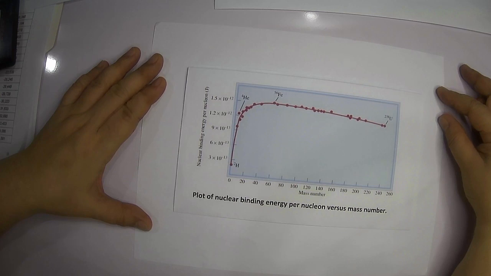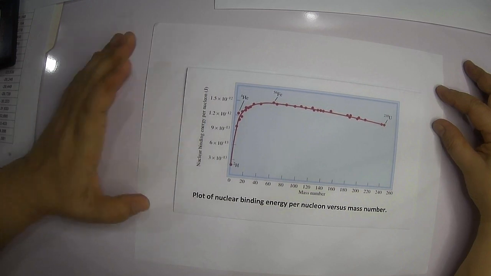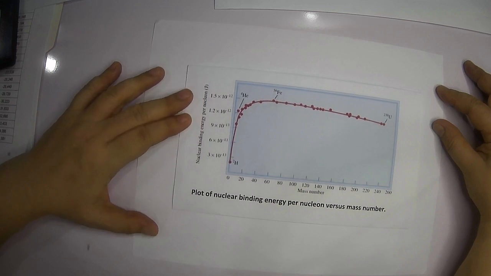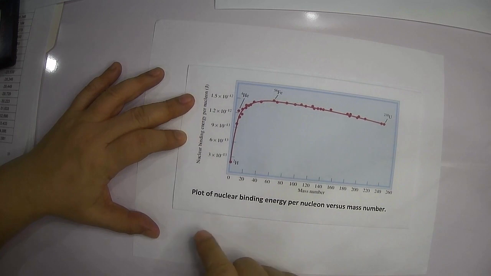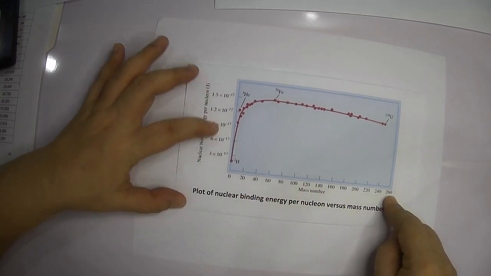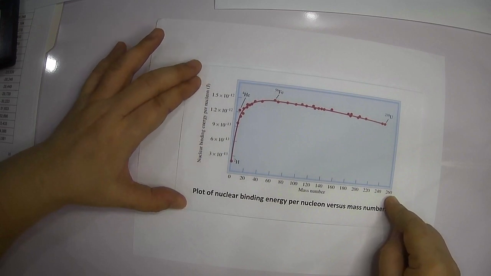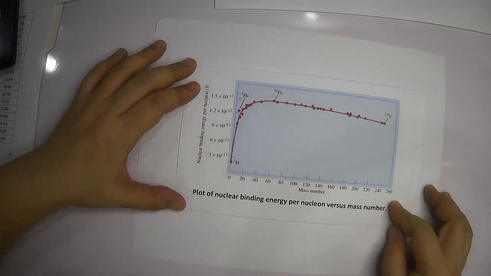After our calculations of binding energies of some nuclei, this can provide us with some added insight into nuclear stability. A convenient way to visualize this is through a plot of the binding energy per nucleon versus the mass number. We have here the binding energy on the y-axis versus the mass number on the x-axis.